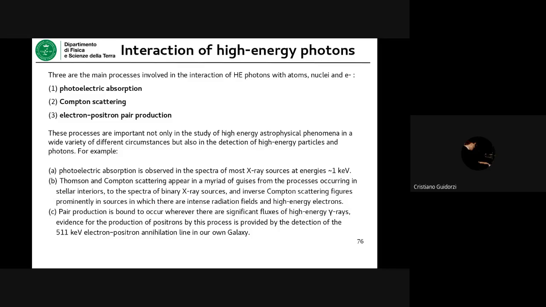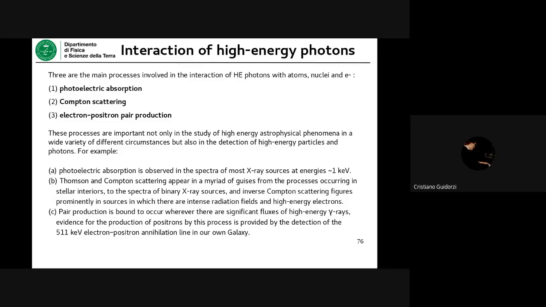When you consider, for example, photons of some MeV energy interacting with some device, some material, some detector, if your aim is just to detect these high energy photons, you have to know that, as we will see, the dominant process by far is no longer the Compton effect, but pair production.